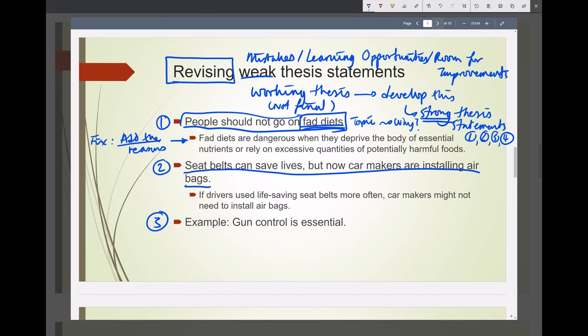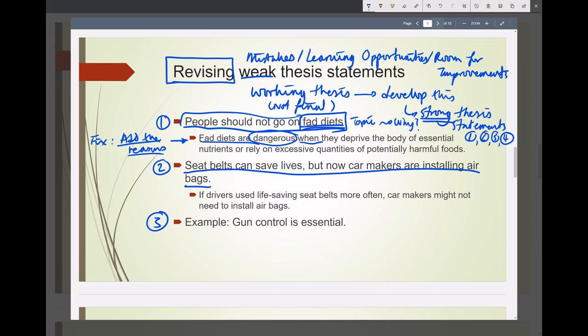Add the reasons. And you can change your controlling idea a little bit to be more specific as you think about the reasons.